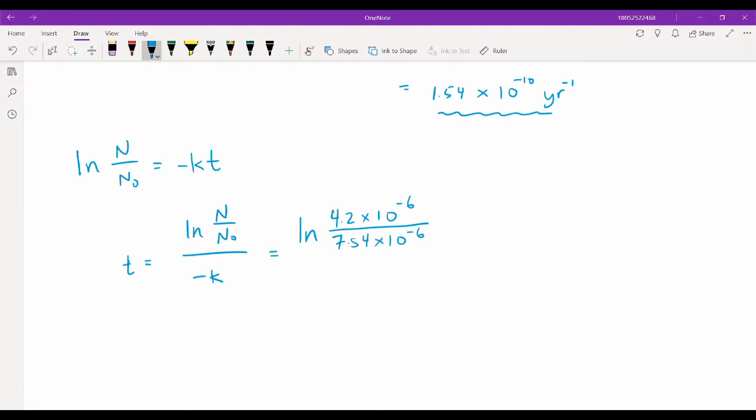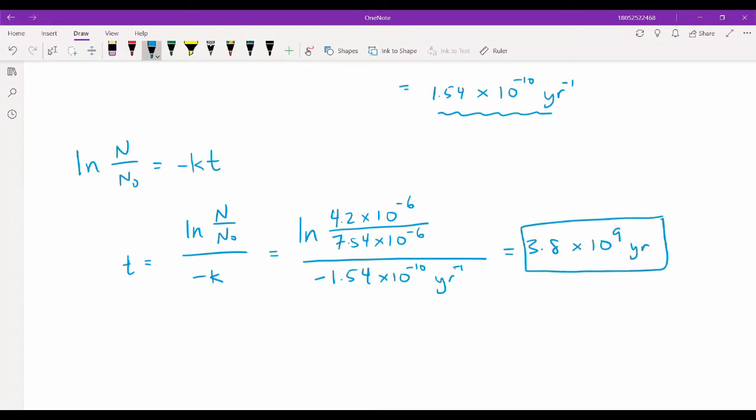So you could cancel out the 10 to the negative 6 if you want. And then we have negative K down here, in years to the negative 1. So we should get an answer in years, which is 3.8 times 10 to the 9th.